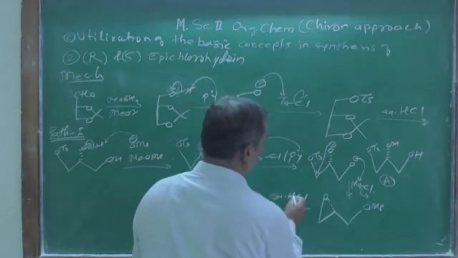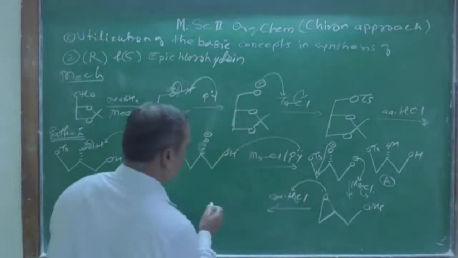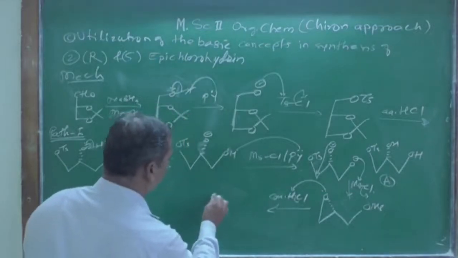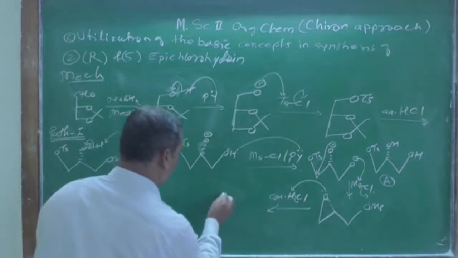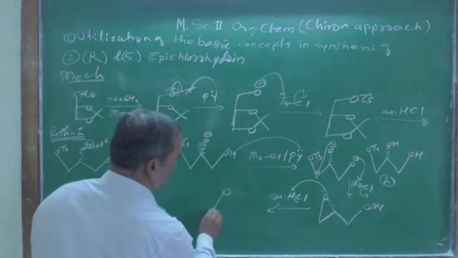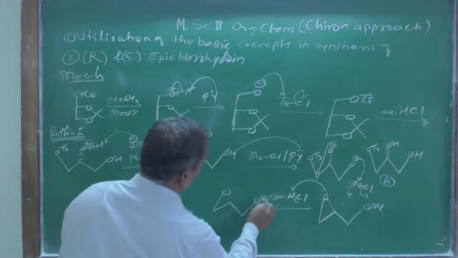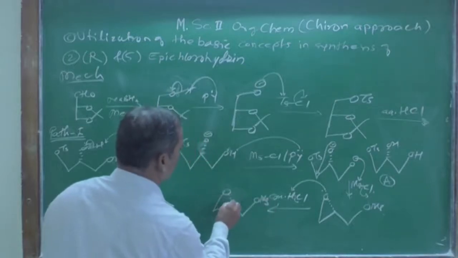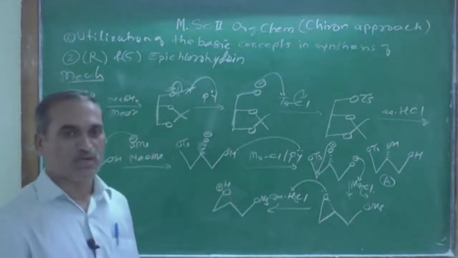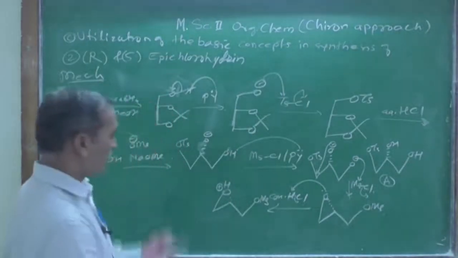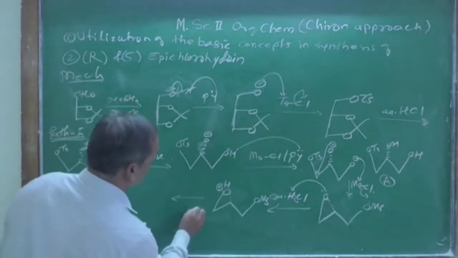What is going to happen? This OH picks up the proton from here, and you are going to get first the protonated epoxide. In this case OMs, and here is a proton H, and whenever positive charge comes on that oxygen atom, that becomes very unstable, and now there is a Cl minus.